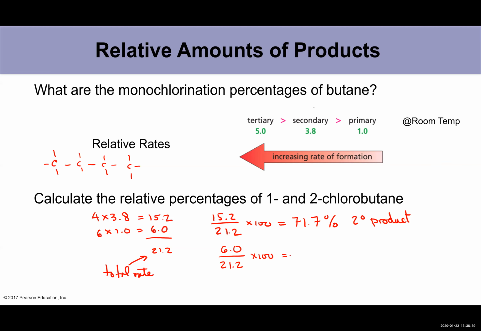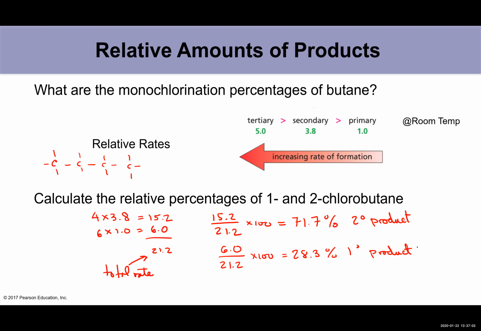Now, the reason I'm doing it this way is because if you have primary, secondary, and tertiary, then you have to add and subtract. So it's easier just to calculate it. 6 divided by 21.2. That comes out to 28.3% for the primary product. So that's what we would calculate.